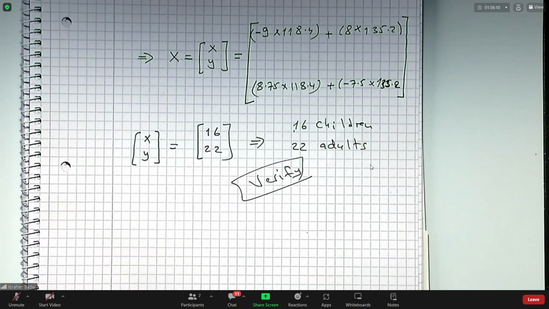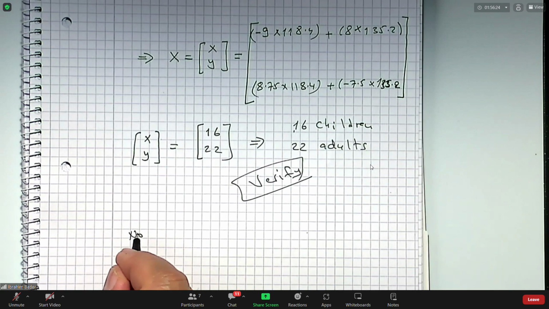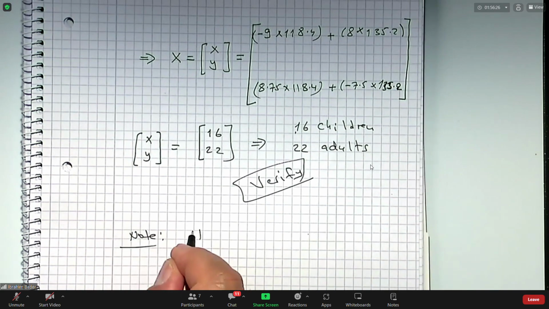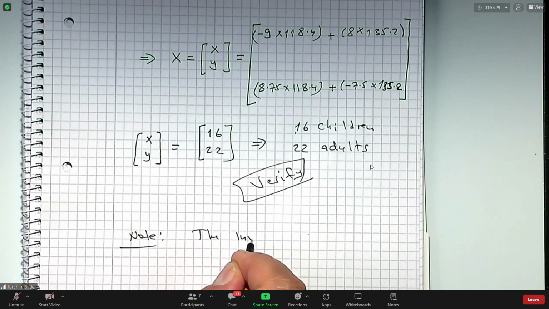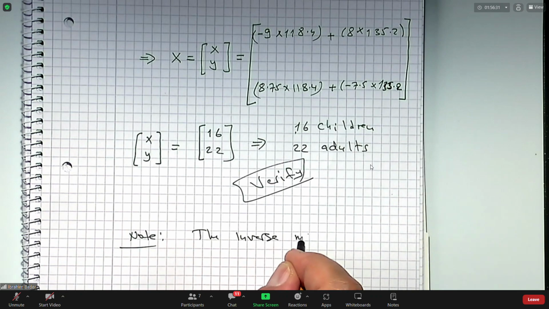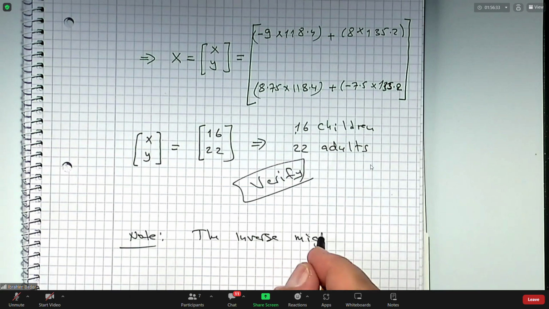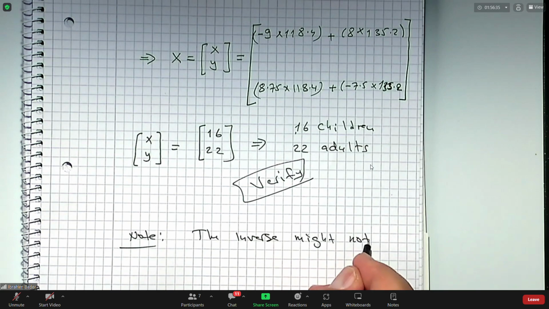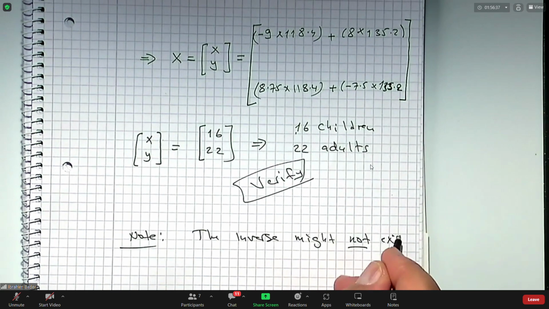Okay, now I will give you an example where the inverse does not exist. The inverse might not exist, as in the following example.